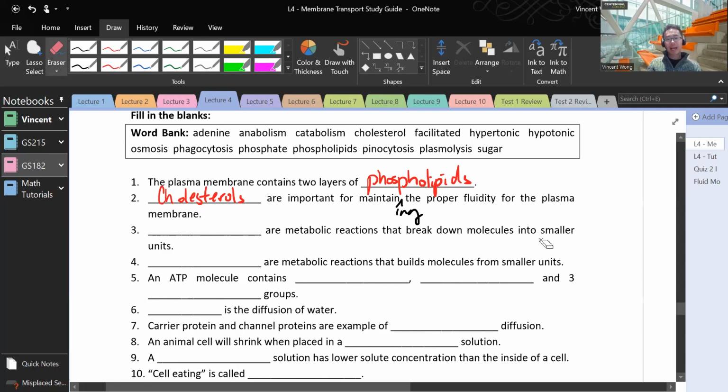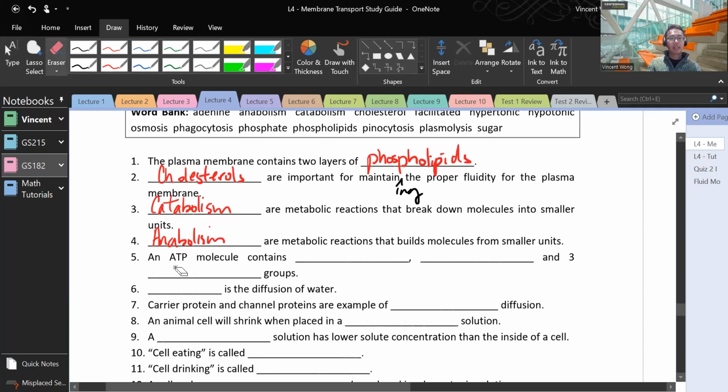Metabolic reactions that break down molecules into smallest units, that would be the catabolic reactions or catabolism. Whereas anabolism is the other way around, where you will build molecules from smaller units. And ATP molecules contain adenine, some kind of sugar molecule, and 3 phosphates.